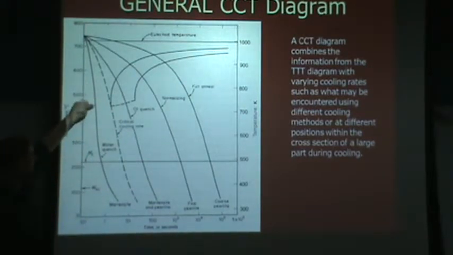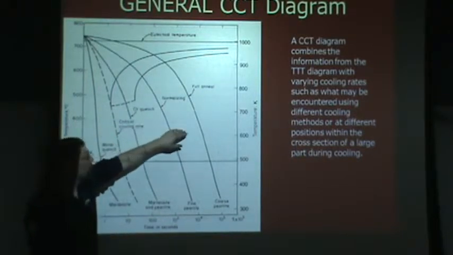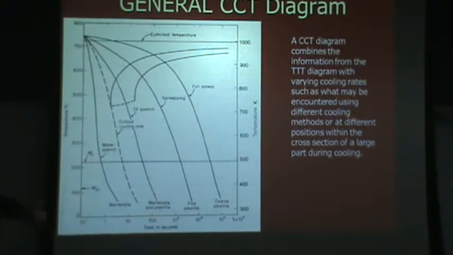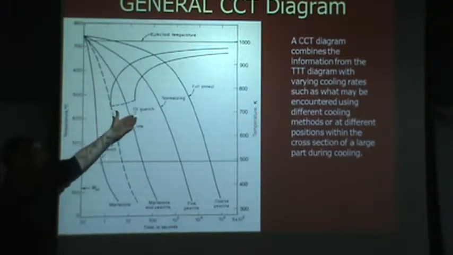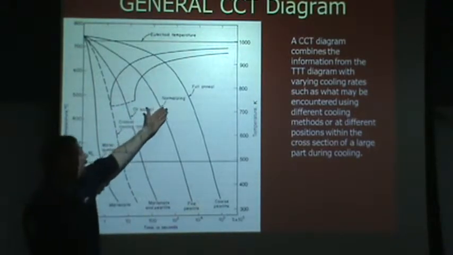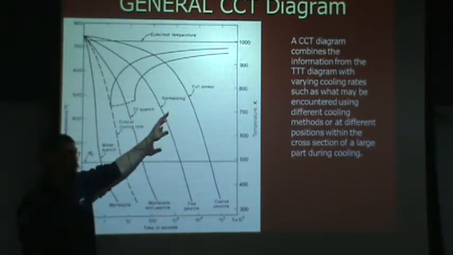And then here, these lines show you the cooling that you get under different kinds of conditions. So here we're showing what you would get for a water quench. This is maybe like what I would consider to be a polymer quench, something a little bit slower than water, but not as slow as oil. And then normalizing is an air cool, and then here you have cooling in a contained environment, in a closed furnace.